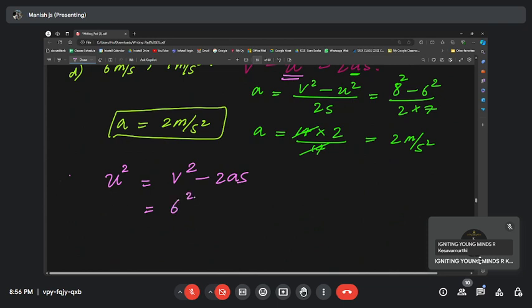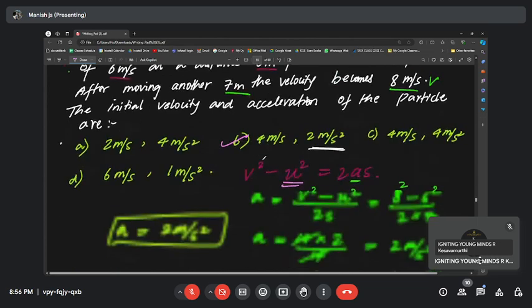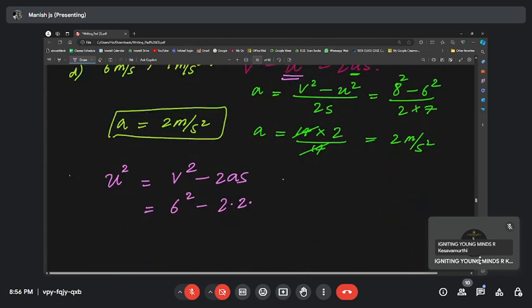So 6 squared minus 2 into acceleration, which is also going to be 2, and the distance that it is going to travel. Okay. So how much distance has it traveled? It has traveled a distance of 5, right? So 2 into 5. That is for the initial case. So simplify it. You will get 6 squared as 36 minus 2 into 5. 4 fives are 20.